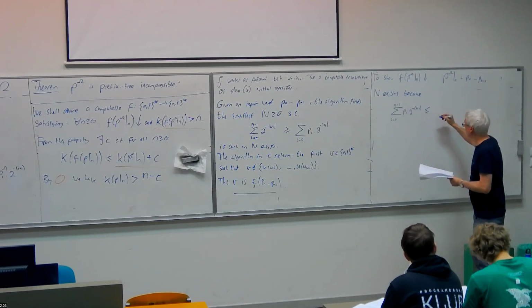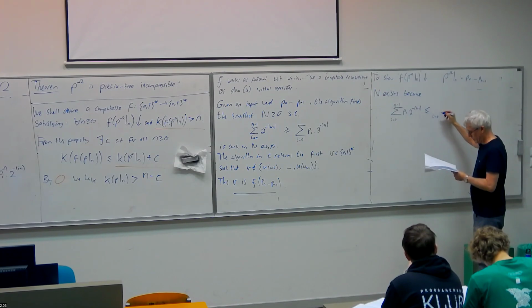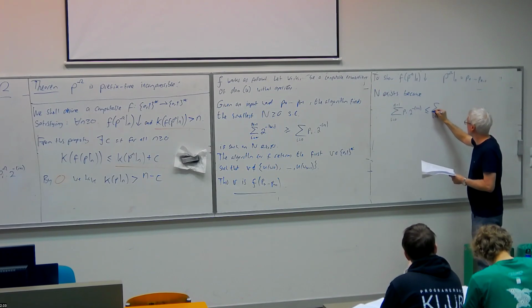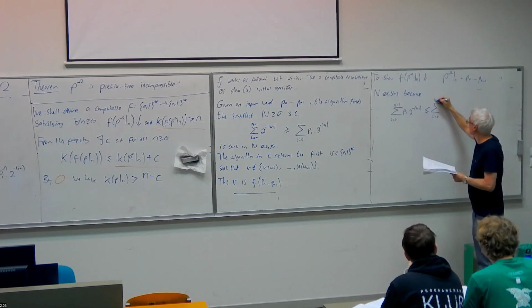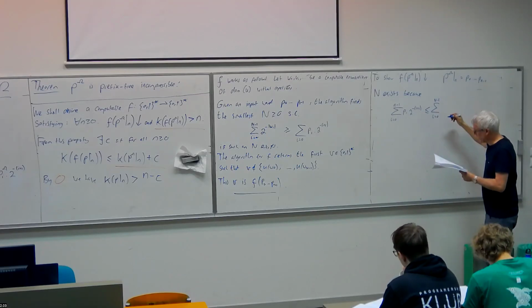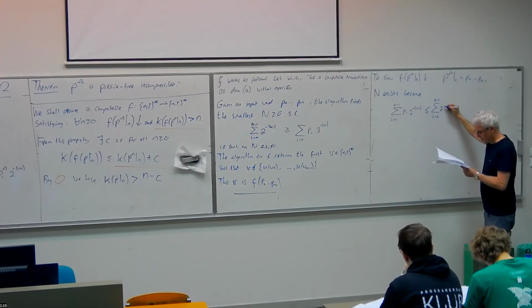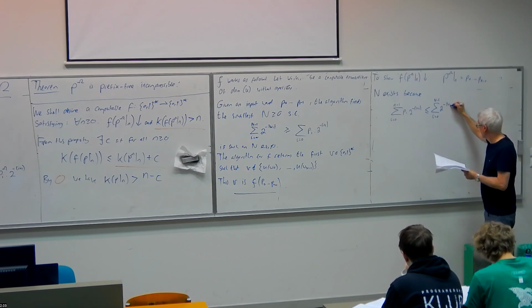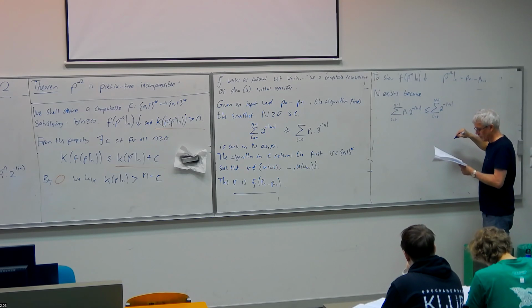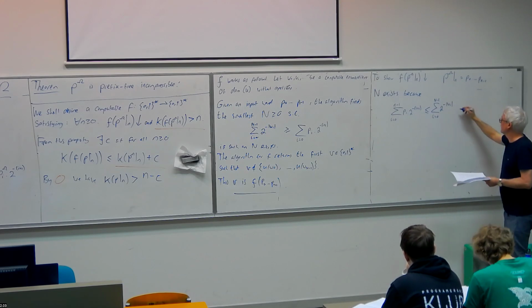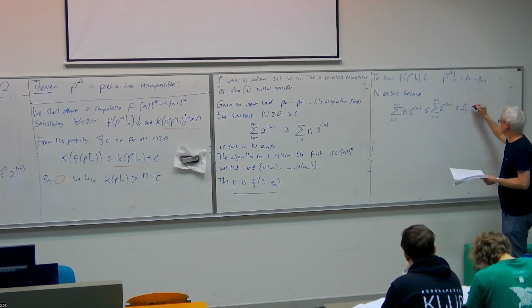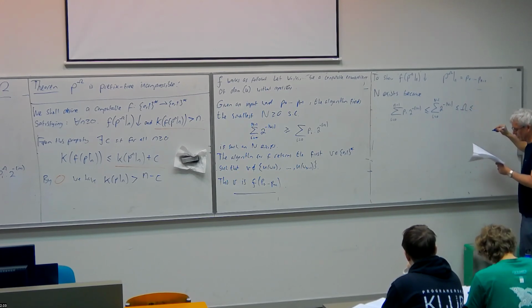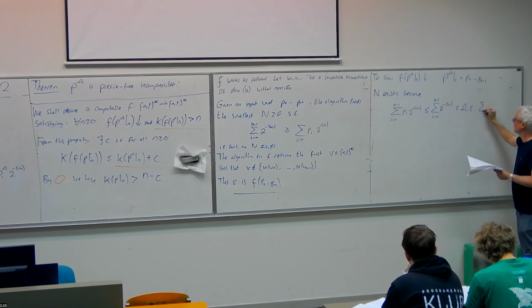Less than or equal to, so we can find some n at which it goes beyond it, and this is less than or equal to omega, and omega is less than or equal to what we get.